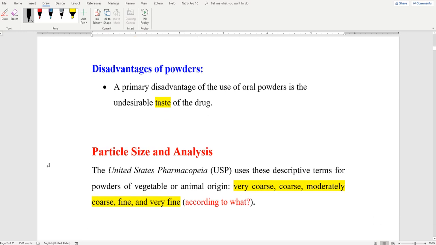Okay, so now we talked about definitions and we talked about advantages and disadvantages. Let us talk about particle size and analysis. If you remember in the outcomes, we said it's very important to know about the effect of particle size.